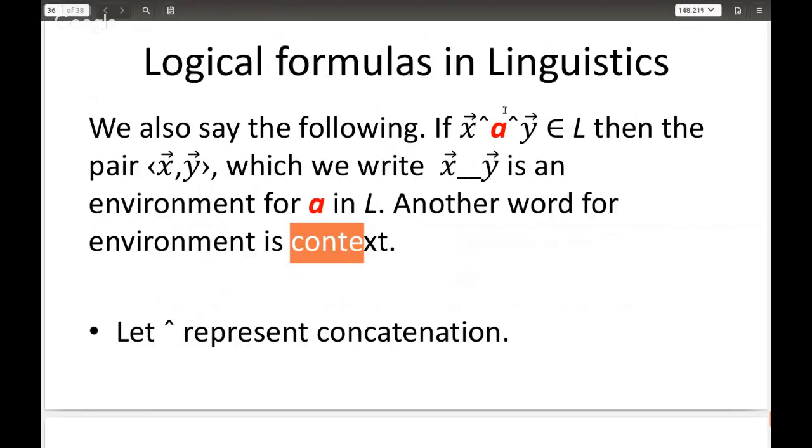So within the context of this set of strings, which we see here, this is a set, this particular phoneme has this representation.